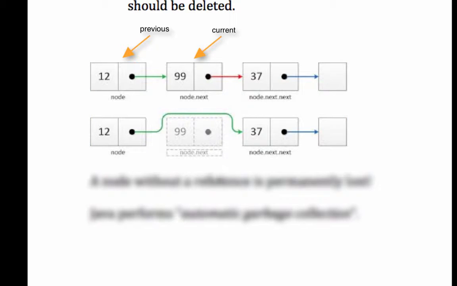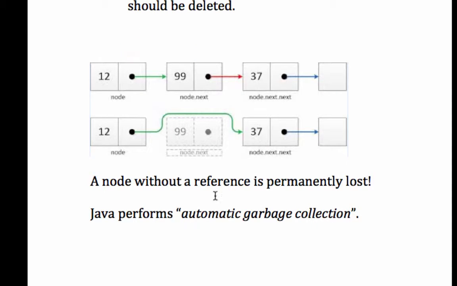One more thing is what happens to the node that has 99. For that node, Java takes care of it by executing what is called automatic garbage collection. In Java, a node without a reference is permanently lost in the sense that there is no way to reverse the operation. So once I change the value of this next field in 12 to refer to 37, there is no reference in the linked list referring to 99.